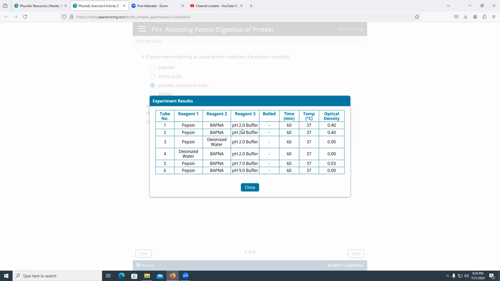It'll do less well at pH 3, even less at pH 4. So the farther you go away from 2, the less the reaction is going to go to completion, and the more you approach 2, the more the reactants are going to go to completion.